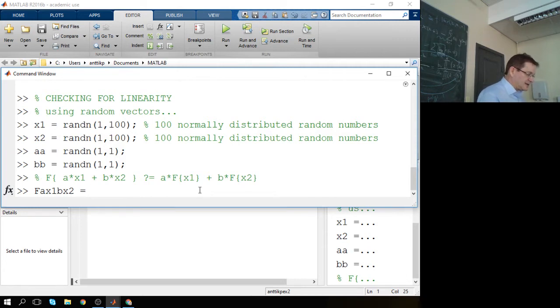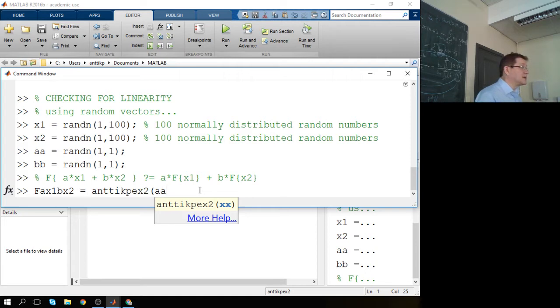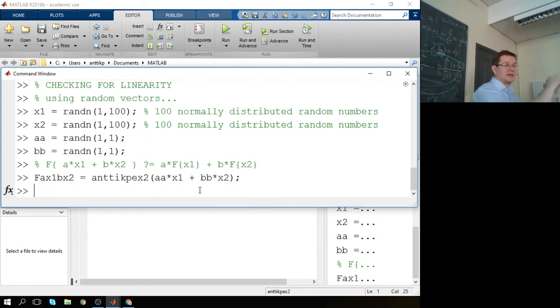And I have that anti-kpex2 function, which multiplies the signal by 2, and the input is a times x1 plus b times x2. Okay, and that gives me some result. I don't care. I will test it.